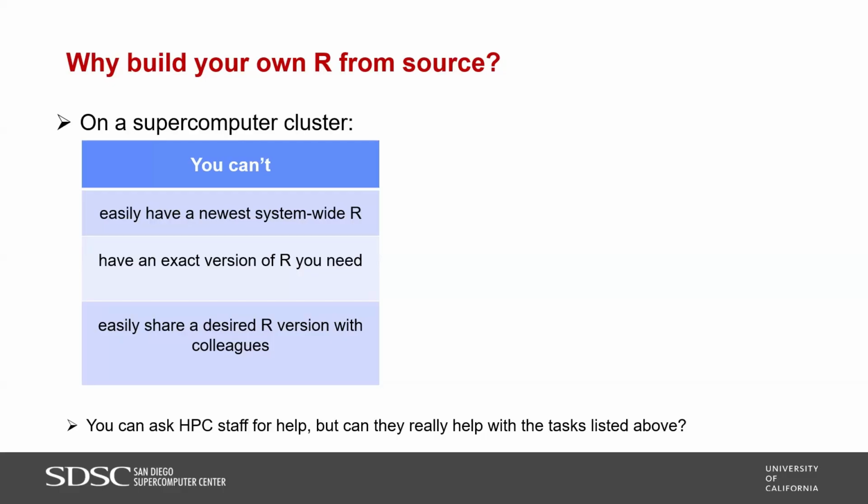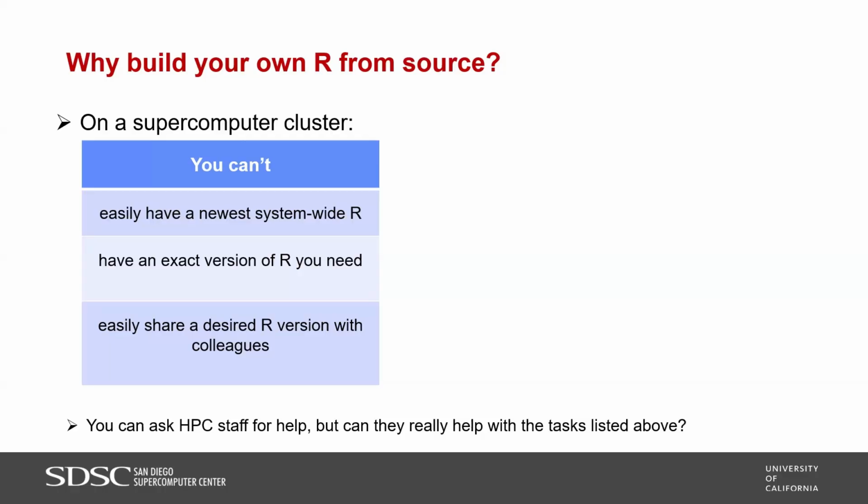But can they really help with that? Unfortunately, many HPC user services staff are not R experts, so they may build an R version that appears to work for you, and you run it and it appears to work, and both of you are very happy.